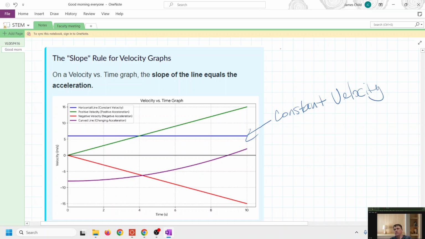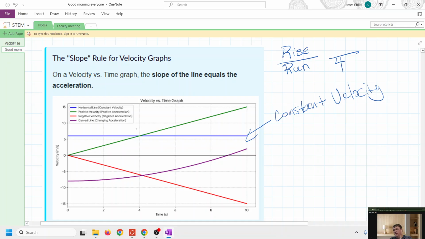Now remember, the slope of that line is rise over run, and if you calculate that out, that will tell you what your acceleration is. So if we go from 0 to 4 seconds, that is our run. So I've got 4, right?